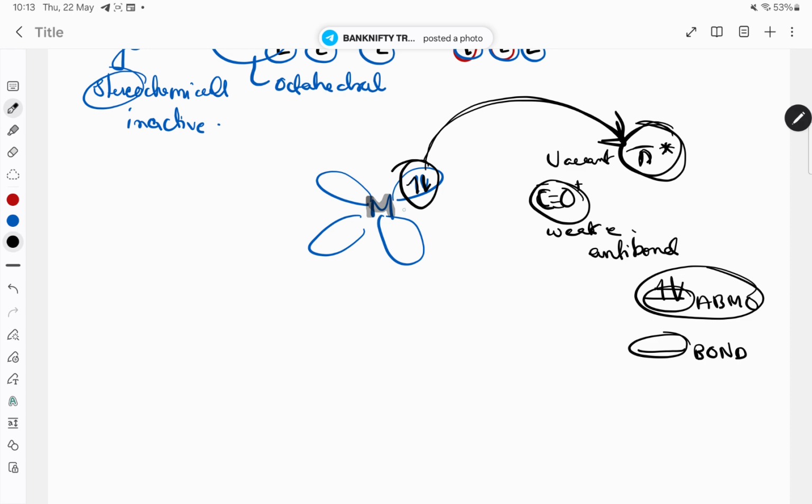Here the metal to carbon bond strength increases, because it gets additional pi bond character.